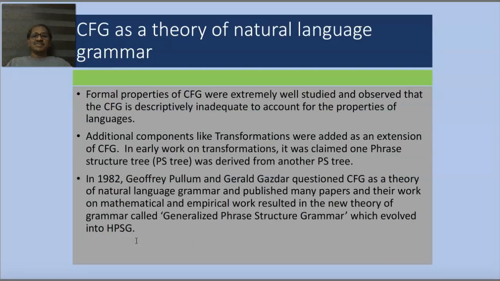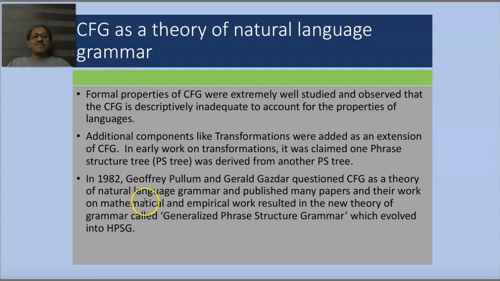Context-free grammar, is it a theory of natural language grammar? Formal properties of context-free grammars were studied extremely well, and it was observed that complex context-free grammars are not descriptively adequate. They are not descriptively adequate to account for all the properties of languages. Right?